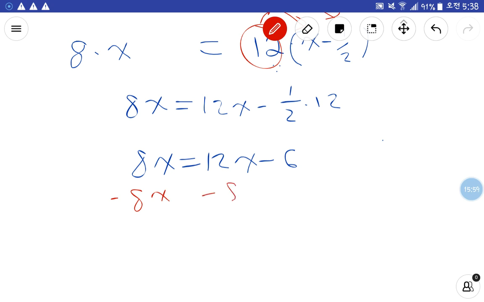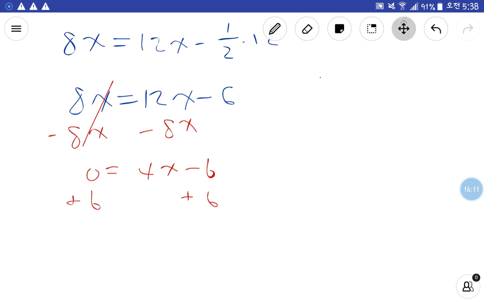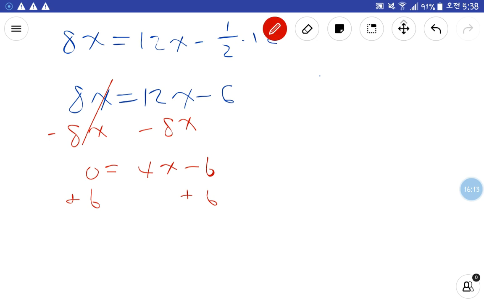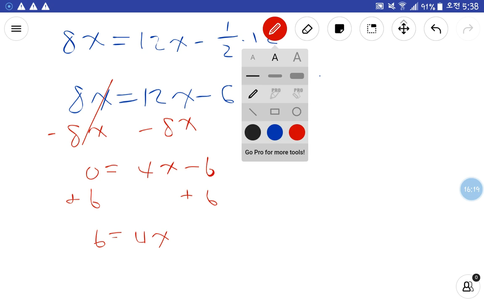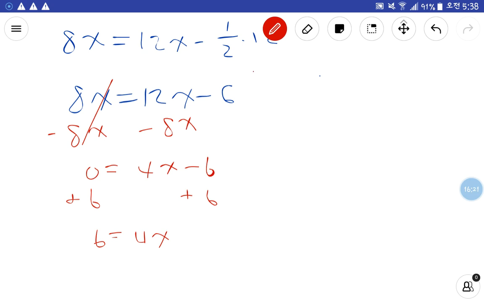Now you're subtracting 8x, right? And you're going to have 0 equals 4x minus 6. Now you are going to add 6 to each side. Then your equation looks like 6 equals 4x.